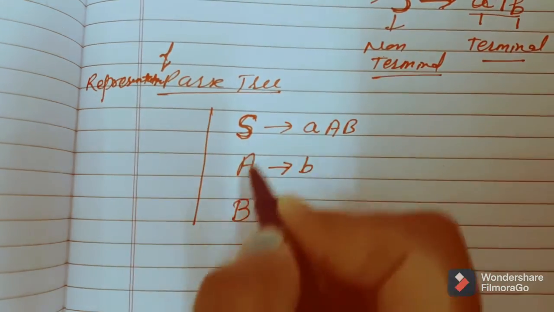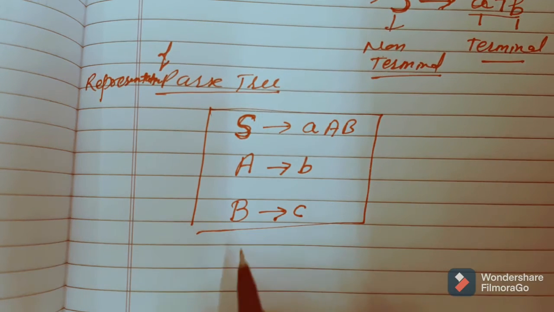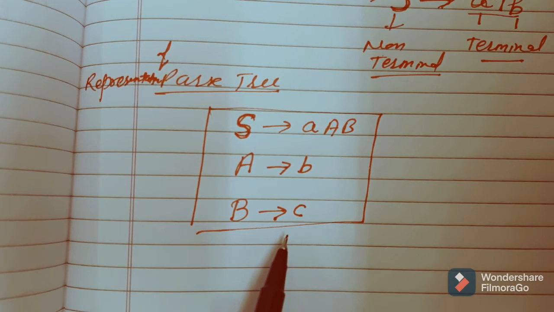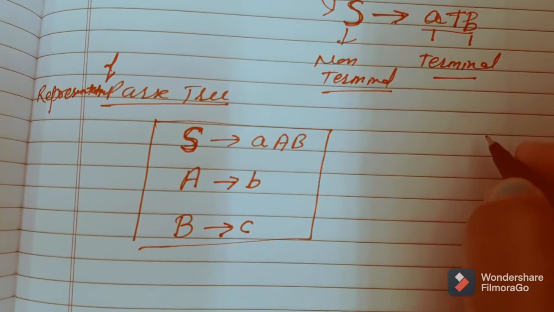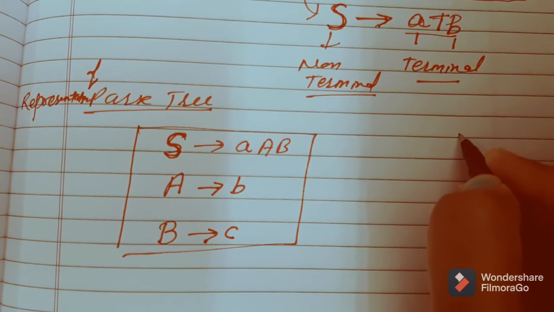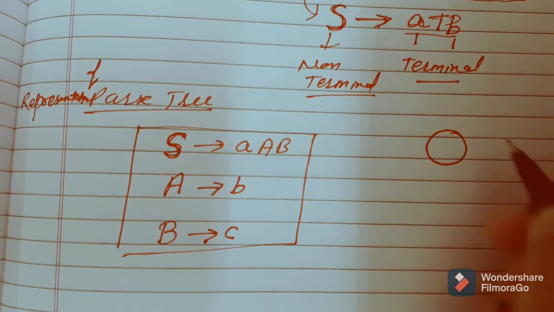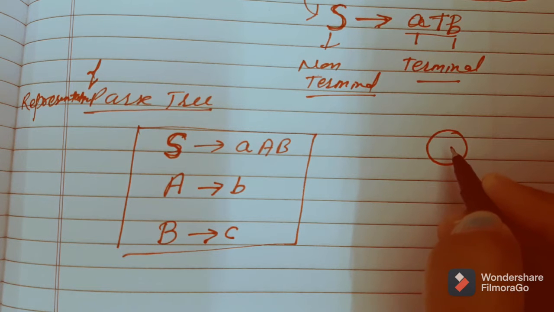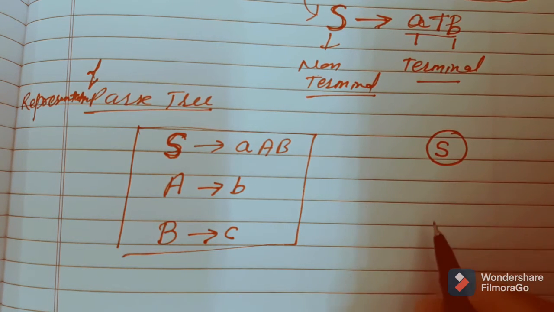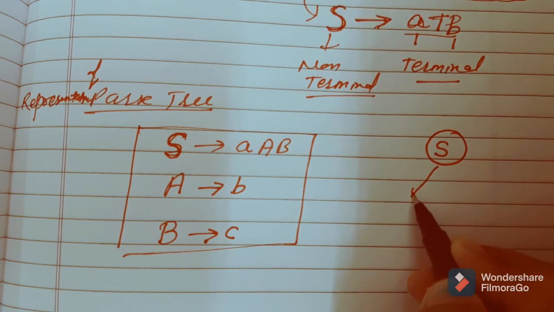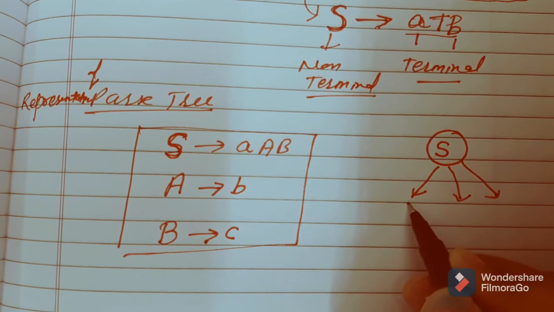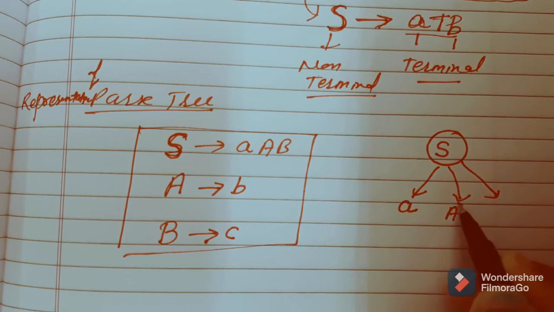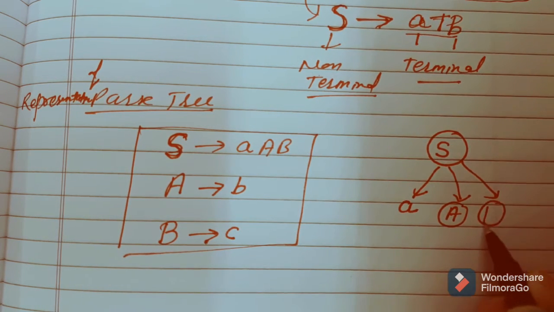Suppose this is the grammar given to us and we have to draw the parse tree for this. How will we start? First we draw one node which represents the starting node. Here the starting node is represented by the capital S, and it has three symbols: A, capital A and capital B.